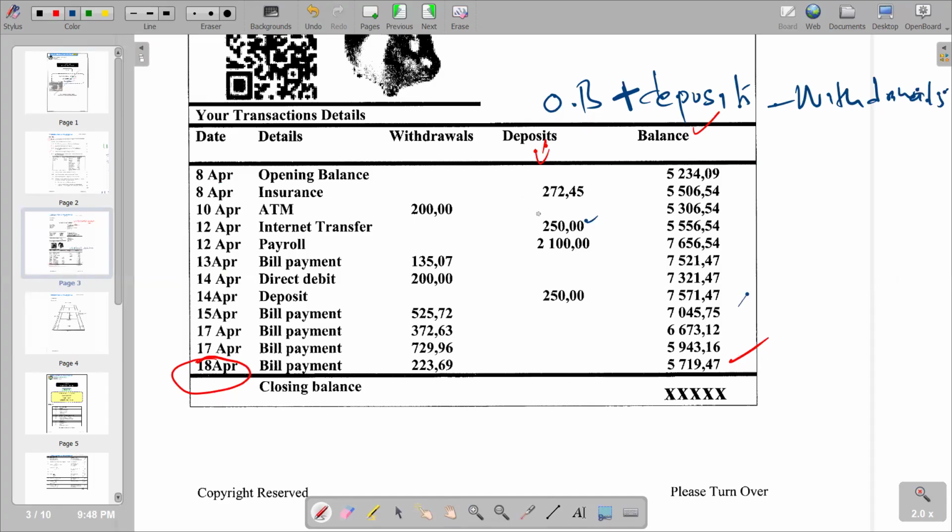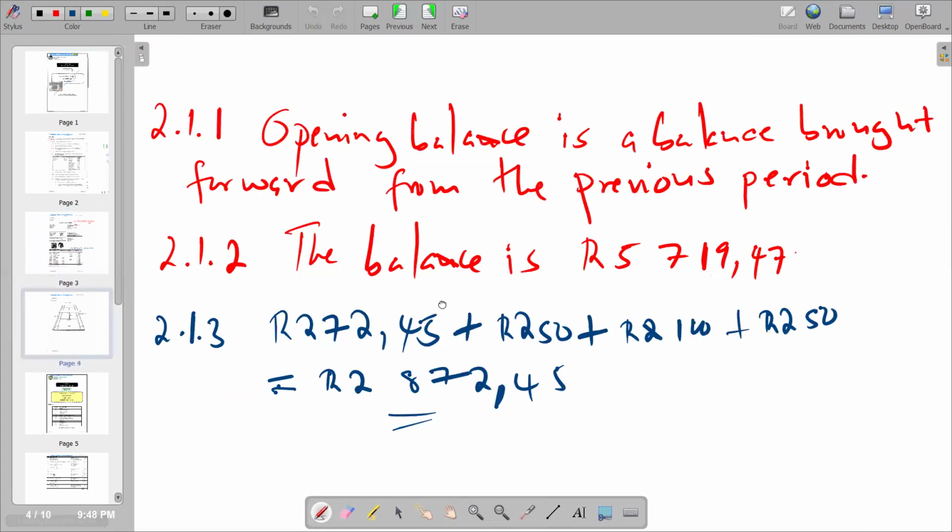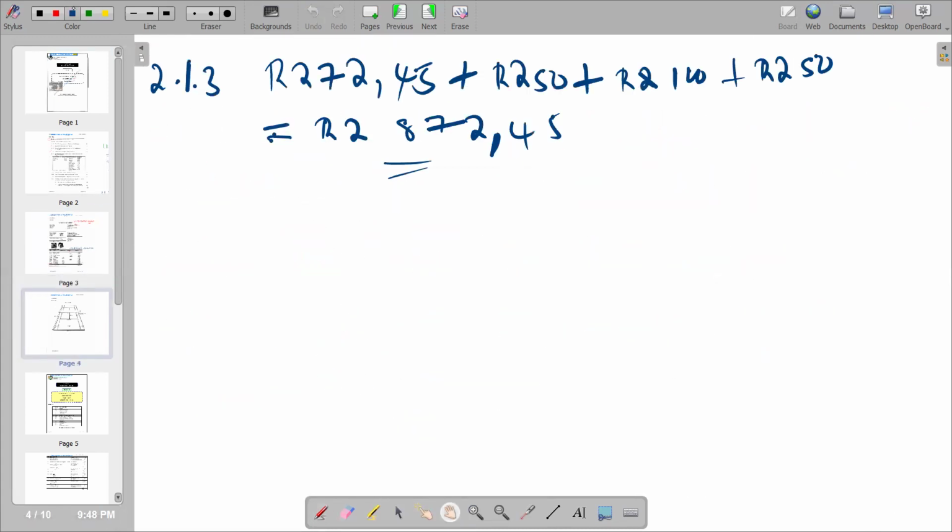The opening balance, we are getting it here, is 5,234 rands 9 cents. So to answer section 2.1.5, the opening balance we've identified as 5,234 rands 9 cents, and we calculated the total for deposits, which is 2,872 rands 45 cents. So we add this.